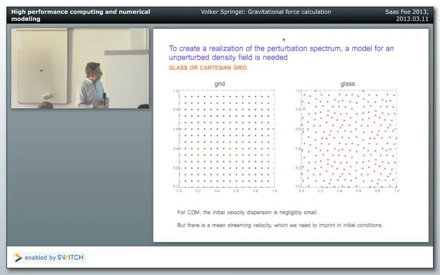And by going to a glass, you create this by evolving this random point set, which is very strongly clustered, with gravity reversed, the sign reversed, so that the points repel each other. And then they will settle after a while into a so-called glass-like structure. And that has no preferred directions.